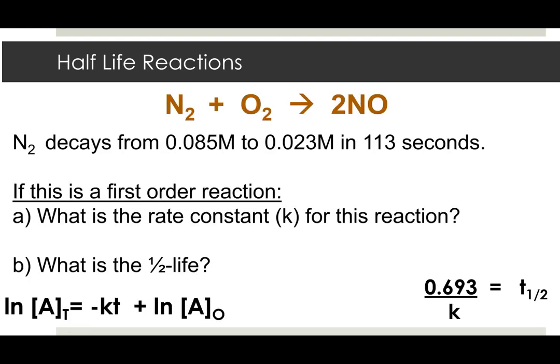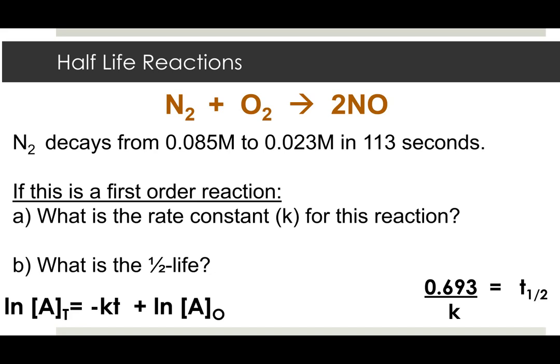So let's take a look at some problems that we could ask, some things that we could do. N2 decays from 0.085 molar to 0.023 molar in 113 seconds. I have established that this is in fact a first order reaction.